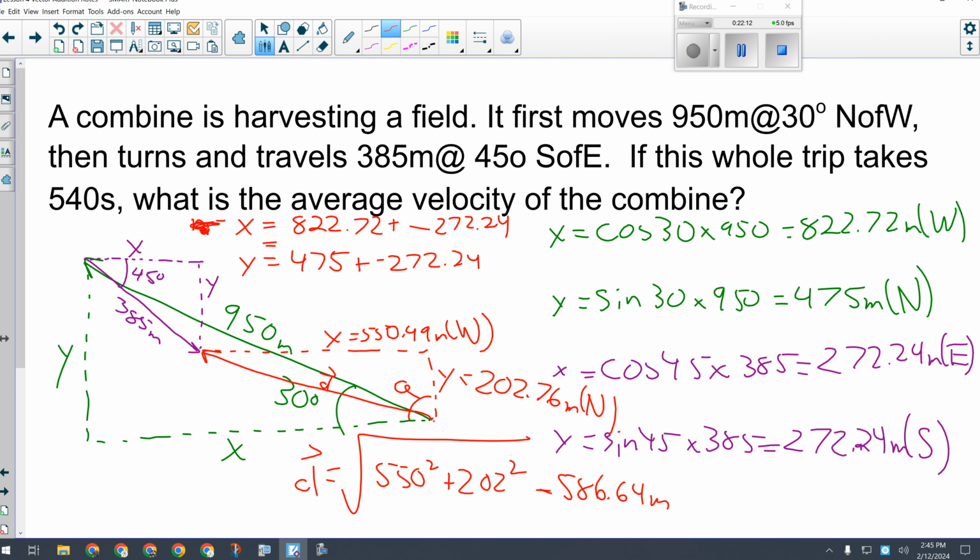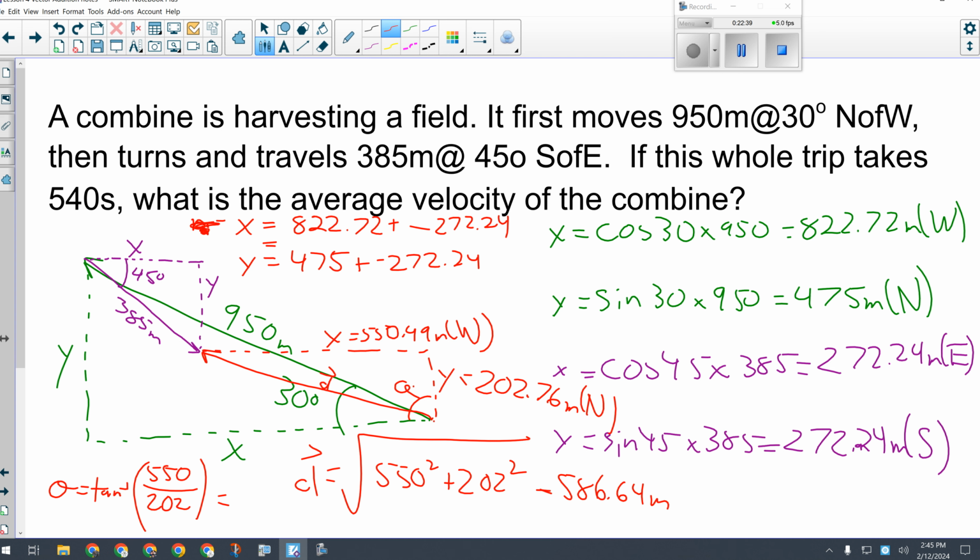The other thing I need is the angle. The way I drew this triangle, I'm looking for this one. If you drew the triangle the other way, you're looking for that one, and that's fine. There's actually two correct answers for a question like this. So theta equals tan to the minus 1 of the opposite side, which for me is the 550, divided by the adjacent side, the 202.